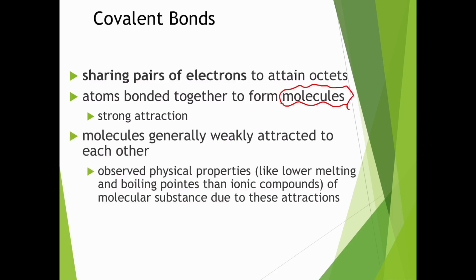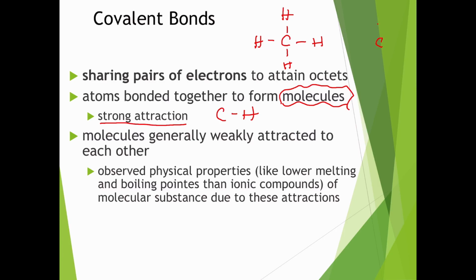Within the molecule, those atoms are being bonded by a very, very strong attraction. If we think about methane, which was on the last slide, CH4, these carbon-hydrogen bonds are very, very strong. That's what we mean by a strong attraction: the bonds within a molecule. But the molecules are generally weakly attracted to each other.